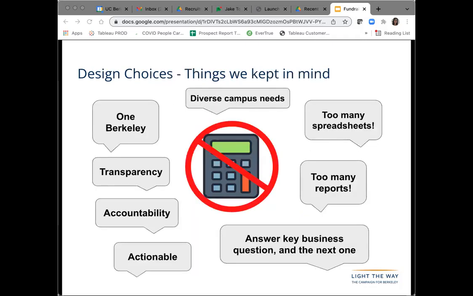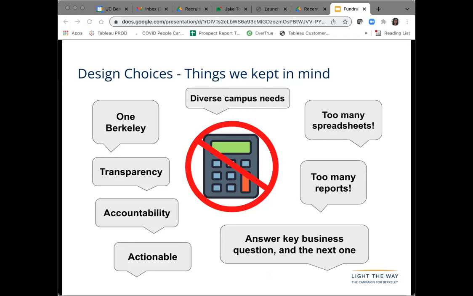We also kept some other things in mind. So first thing, how can we help them put away those calculators? That's just really wrong, right? And then in almost all of our development, we kept some things in mind, and those are our fundraising principles.